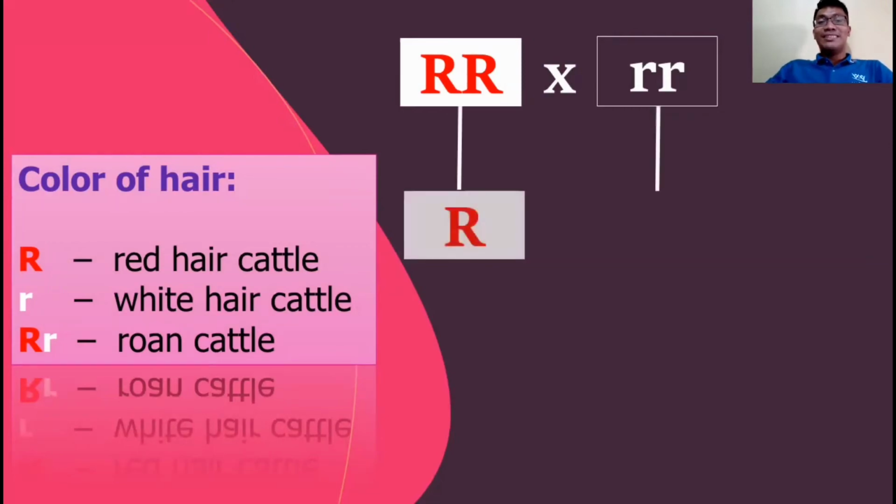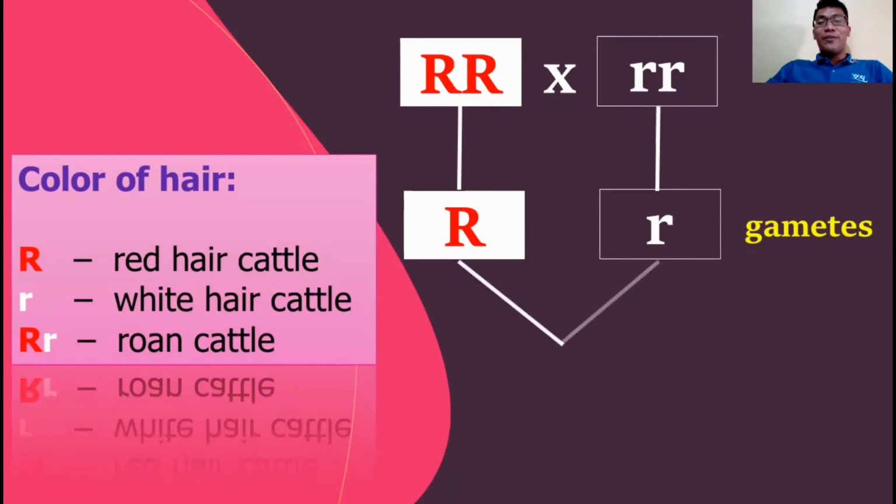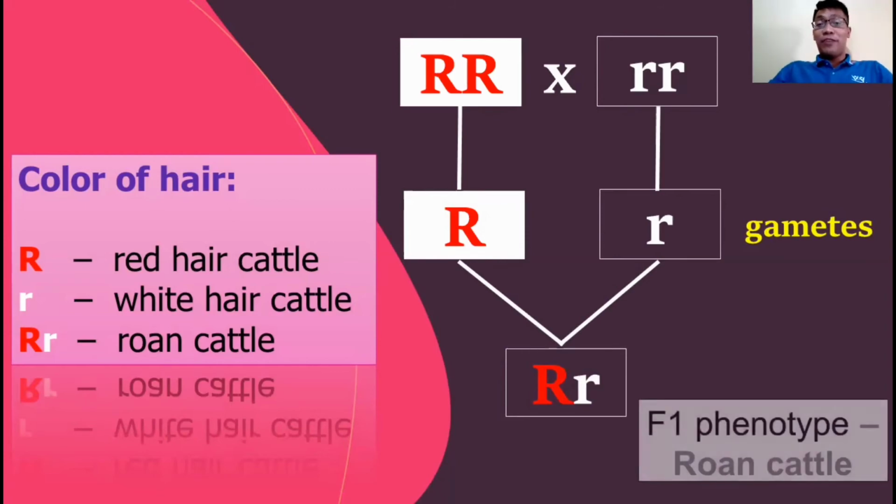Next step, gametes formation. So, law of segregation. Afterwards, we will cross them. And so we will form a capital R and small r. So the phenotype of this generation would be roan cattle. It means that the cattle has red and white hair combined together or visible on it.